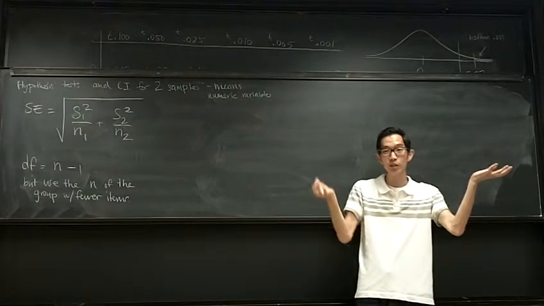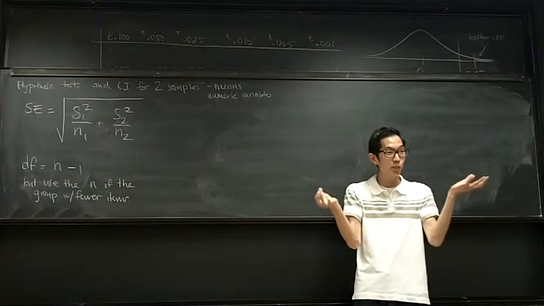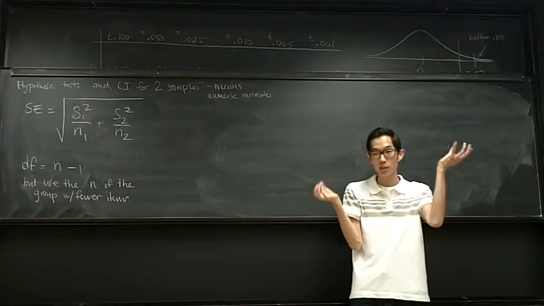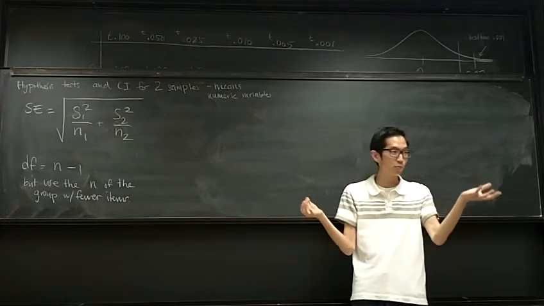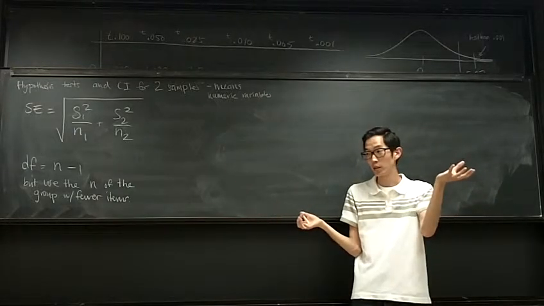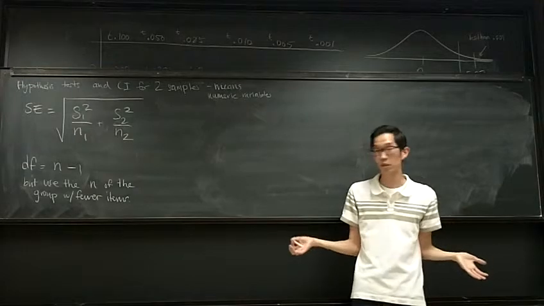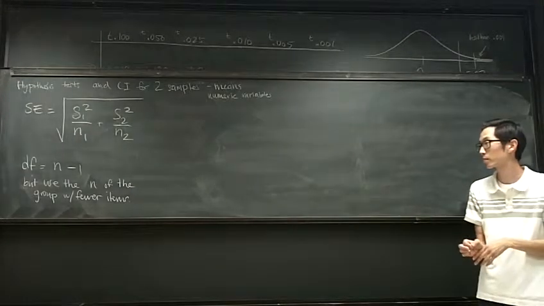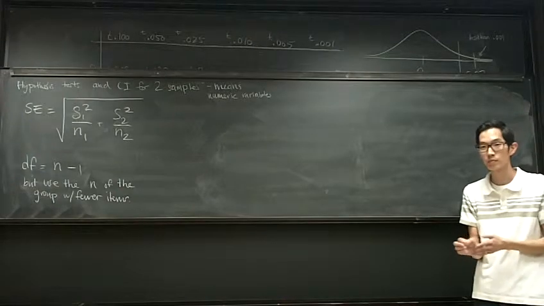Because I've got 10 men, 12 women, it's going to be n minus 1, and I just have to decide, do I use the women or the men? Take the group with fewer items or fewer people, so the men. So 10 minus 1 is 9. That's how we get degrees of freedom, okay?